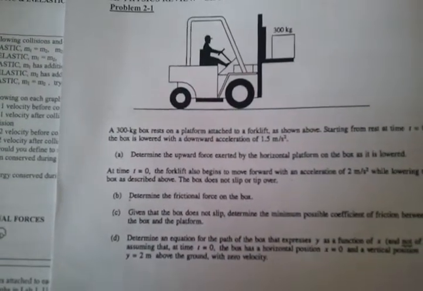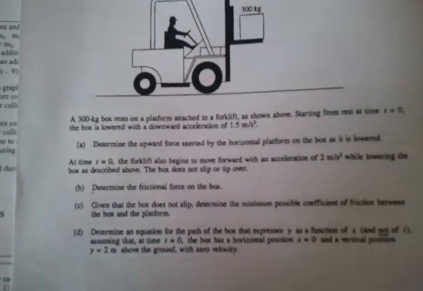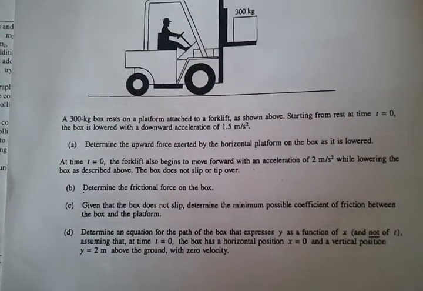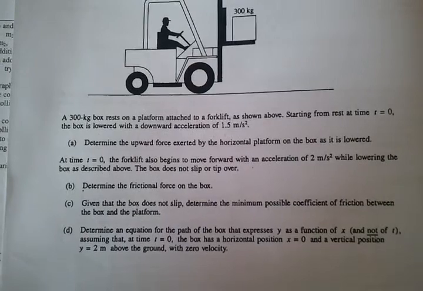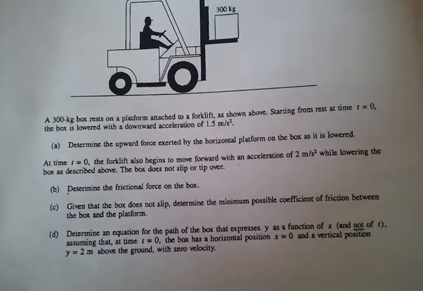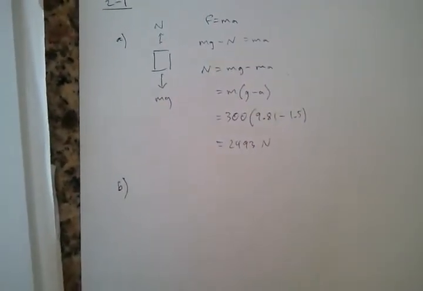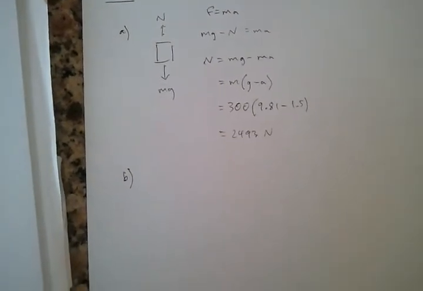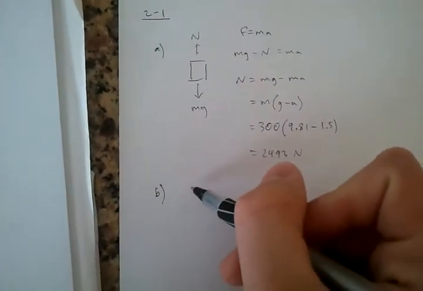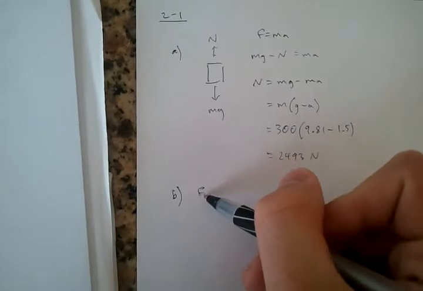It is asking you to determine the frictional force on the box once the forklift begins to move forward with an acceleration of 2 meters per second squared. So, what's important to realize here is that the only horizontal force on the box is the frictional force. So, you can isolate the horizontal forces.